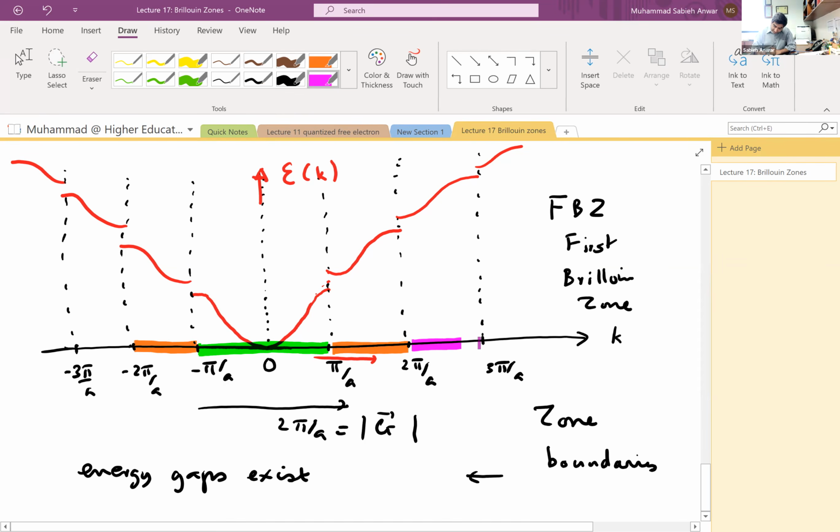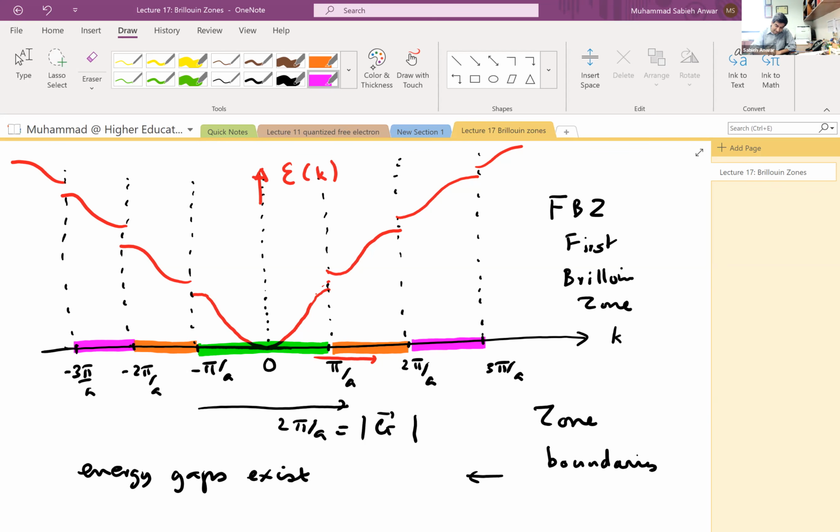Between 2 pi by a and 3 pi by a, and minus 2 pi by a and minus 3 pi by a, we have the third Brillouin zone. And the energy dispersion relationship goes out from minus infinity to plus infinity.